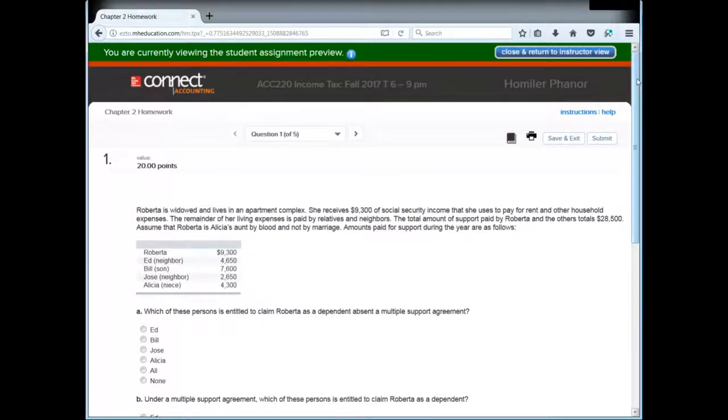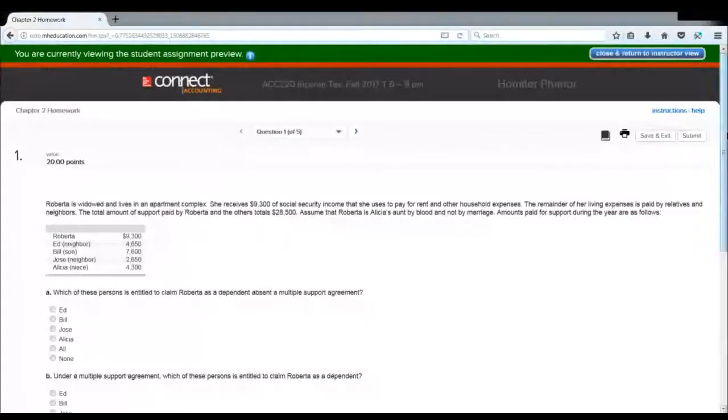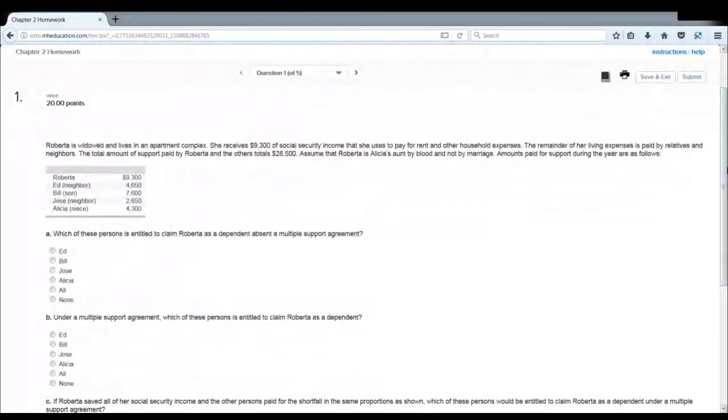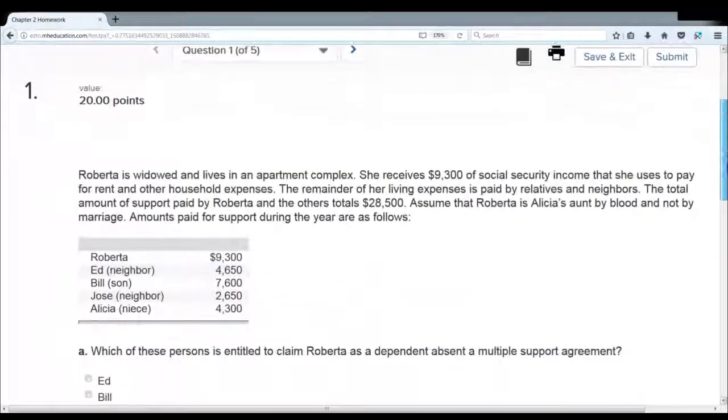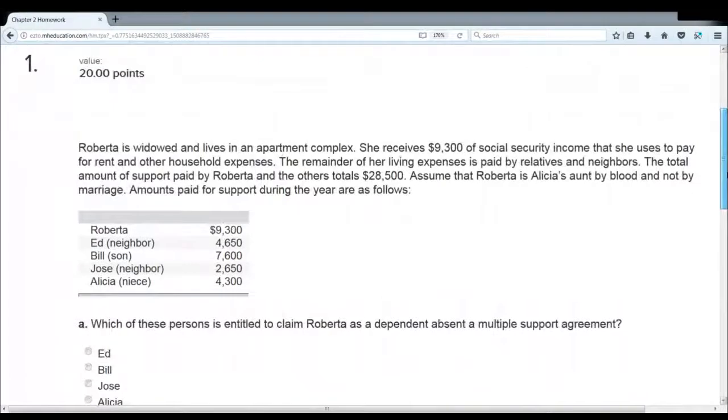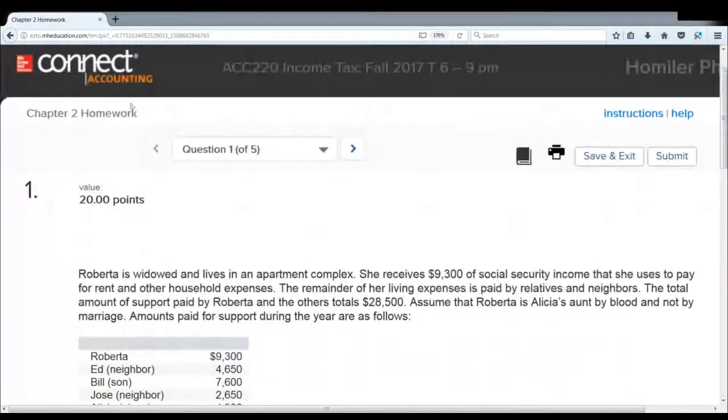Okay. Let me just expand this a little bit so we can see even better. Okay. So it says, yes? That's a different one. Oh, I'm sorry. That's still the homework? That's the homework, yeah. Okay. Hold on here.